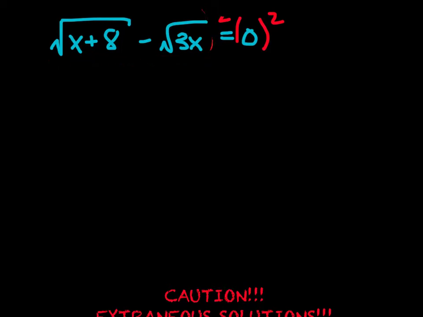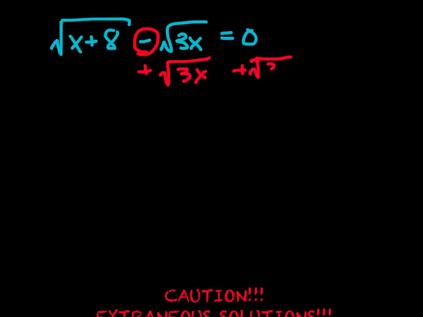So instead, what we are going to do is this. We are going to enjoy the fact that this says minus the square root of 3x. So that means we'd essentially add the square root of 3x to both sides, and we can then square both sides and end up having success.